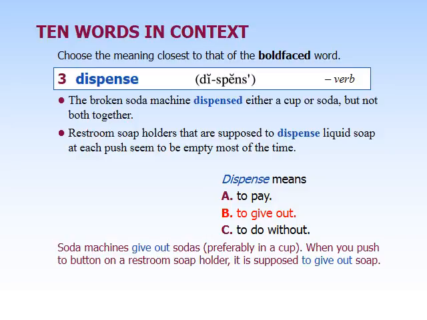We also have dispensers like those vending machines where you put in some money. They dispense a Coke or candy or chips or whatever it is that you've purchased. It means to give out.